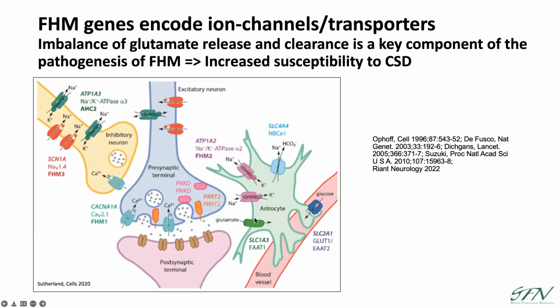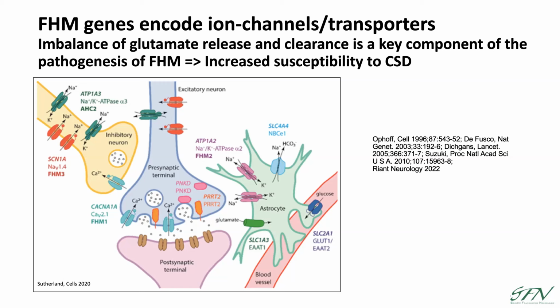For example, here the astrocytes. Astrocytes relay blood to neurons, and they provide energy to the neurons. And then all the mutations implicated in familial hemiplegic migraine increase the susceptibility of the brain to what is called cortical spreading depression.